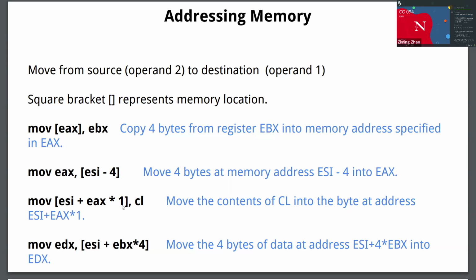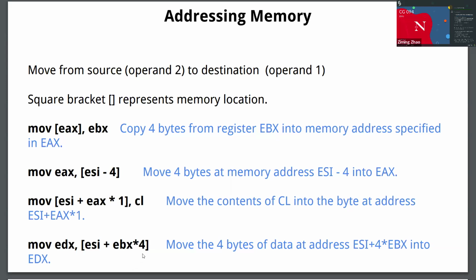If you want to move something to an array, you can specify the size of the elements of the array here. In this case, maybe the element size is 1. If it's 4, then you multiply by 4. Then you can have a loop to write this.